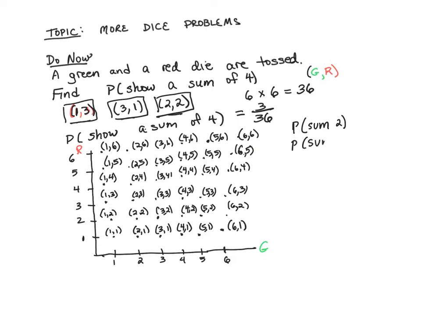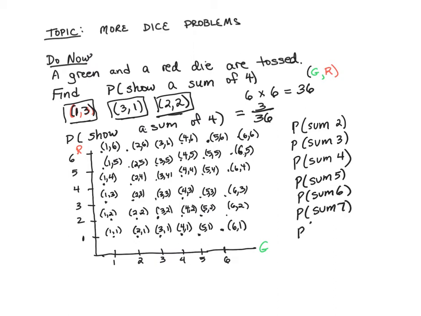So a sum of 3, a sum of 4, a sum of 5, a sum of 6, a sum of 7, sum of 8, sum of 9, and sum of 10. And we see a pattern emerging in the sample space when we list it in a table format the way we've done here.